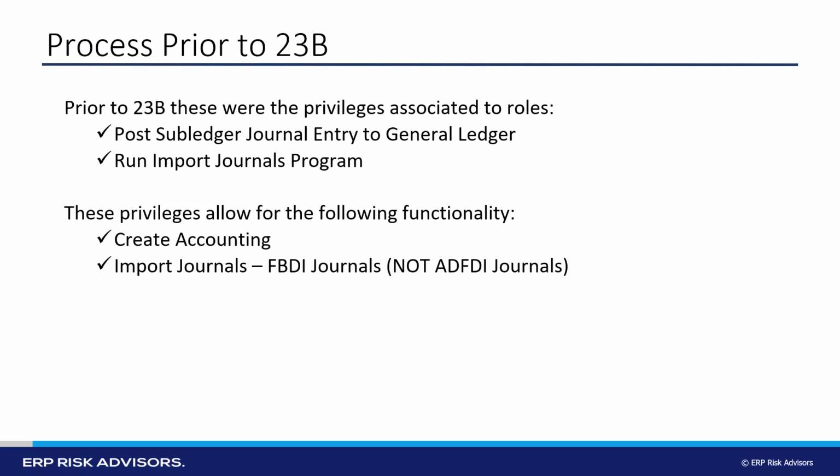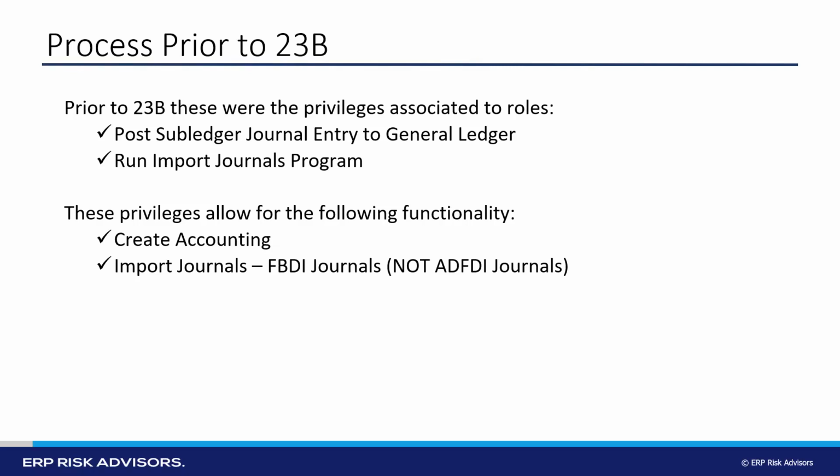The run import journals program has really no bearing on the import journals using ADFDI. This run import journals program is really just the process being used for FBDI uploads. So to enable a user to create accounting, they would also need access to this privilege.